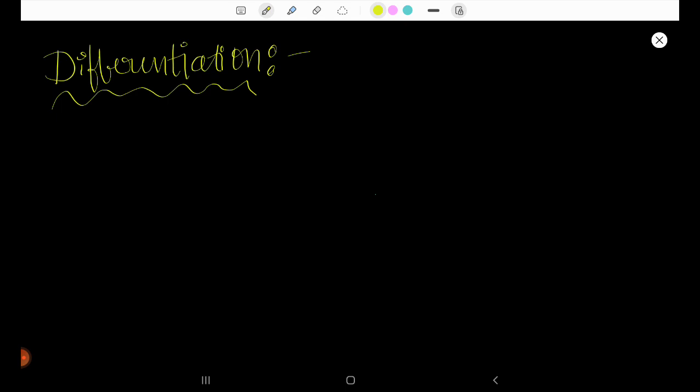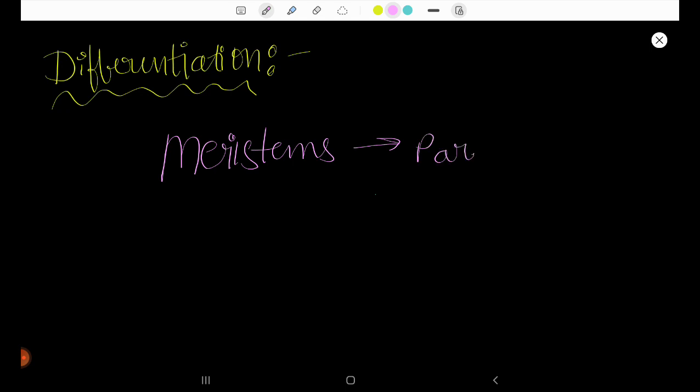Differentiation is a process in which meristematic cells are converted into permanent cells.